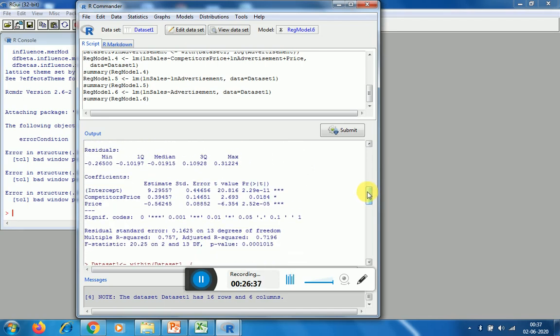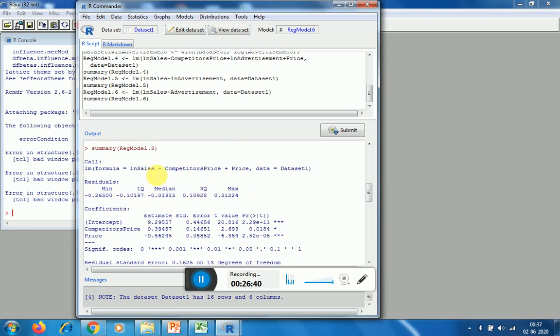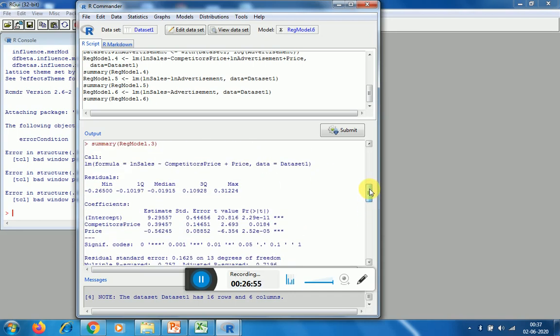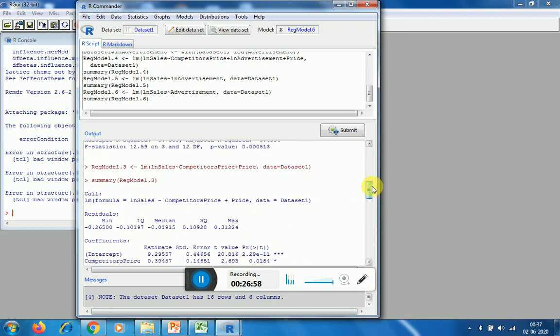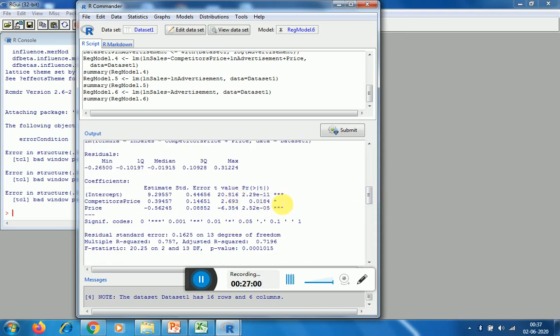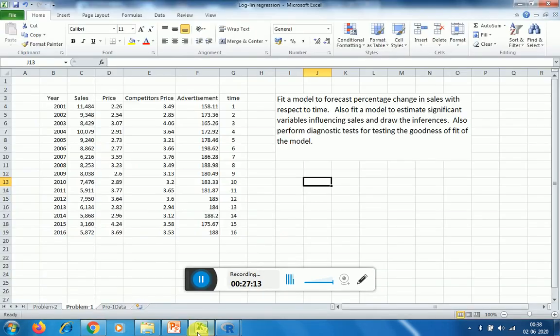That means after all these various diagnostic tests, we can come to the conclusion that the model which we have fitted for ln sales, that is the logarithmic value of sales, versus competitors price plus price, with these two variables, has significant values, all the criteria are fulfilled, whatever we want to test for the goodness of fit, and this model can be taken as the most appropriate model.